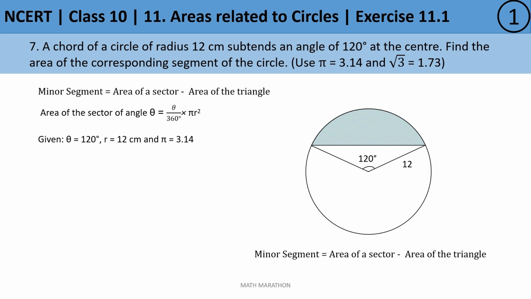We have the following information. Theta is equal to 120 degree. Radius r is 12 centimeter. Pi is 3.14. Area of sector is equal to theta, which is 120 divided by 360 multiplied by pi, which is 3.14 multiplied by r square, which is 12 square.